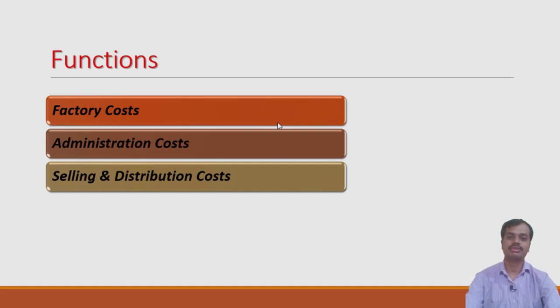Examples of selling and distribution costs are salaries and commission of salesmen and sales manager, expenses of advertisement, insurance, rent, rates, depreciation and insurance of sales office and warehouses, cost of insurance, freight, export duty, packing, shipping, maintenance of delivery vans, etc. These are the examples of selling and distribution overheads.